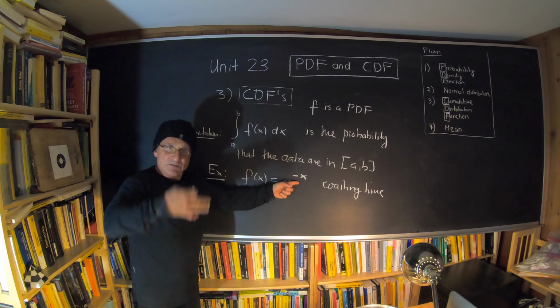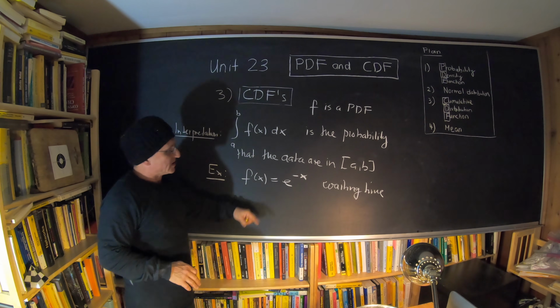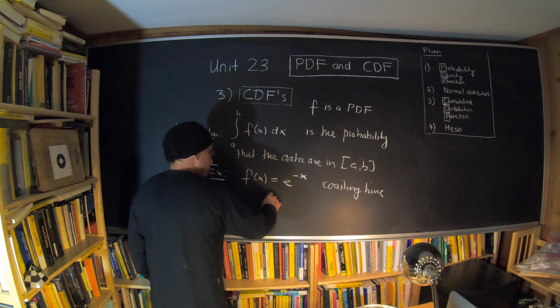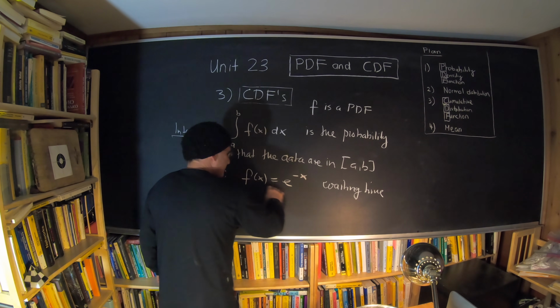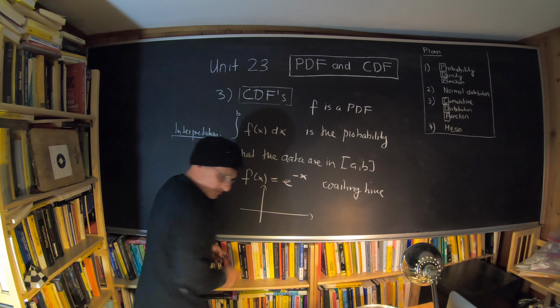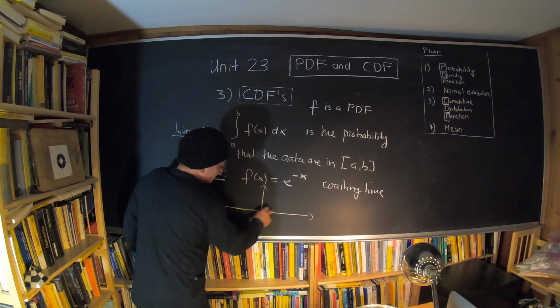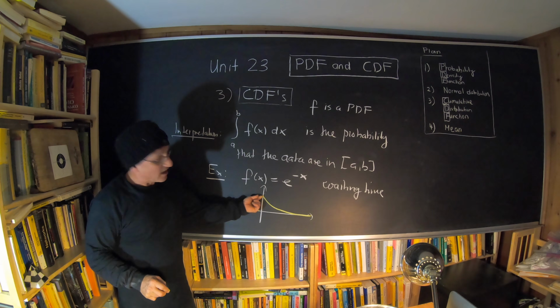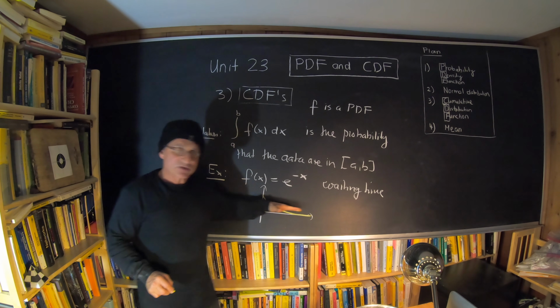The waiting time is always positive. You are not going backwards in time, so that's why we have only x positive. That was the picture. So that was the waiting time here. What happens is the probability is larger initially, and then it goes to 0.